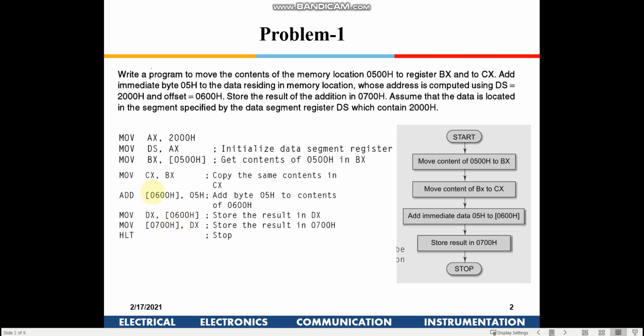Okay, now another thing we have to look at is why we have not done the immediate operation here. We could have done CX and then written the same thing within square bracket 5000, where we could have got this data from the memory into CX. I will show it in the next slide.